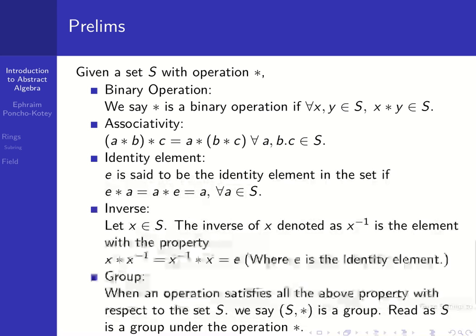Similarly, the inverse of an element is also unique. So we can find an inverse with respect to a particular element. We don't have a general inverse in a set, but there's always a general identity element. So take note. If we have a binary operation that satisfies all four conditions above, then we say the set S and star form a group.